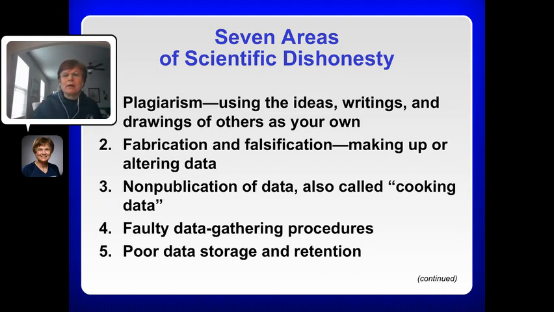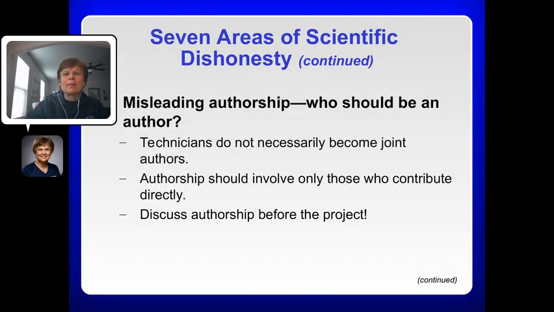Third, you just don't publish some data because it doesn't fit into what you think should happen. Sometimes we call this cooking the data. Another area of scientific dishonesty is when you're not careful and there are faulty data gathering procedures or poor data storage and retention. All these areas would be considered scientific dishonesty.